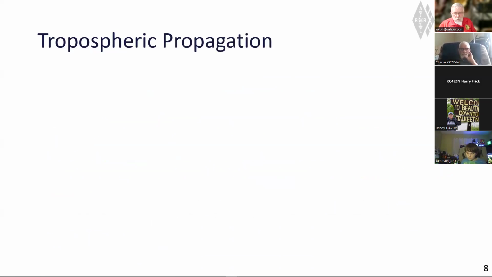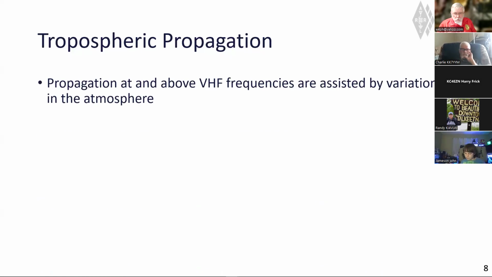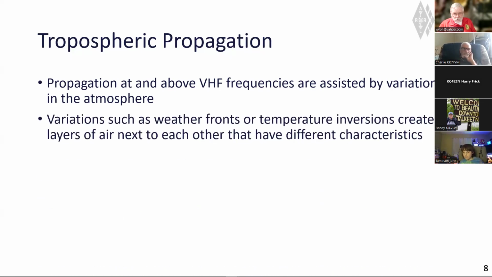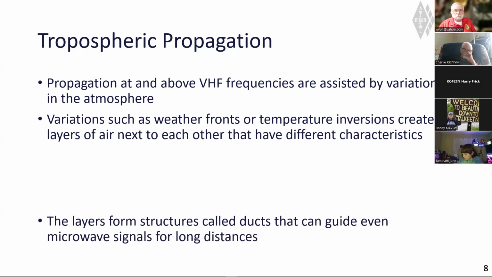Tropospheric propagation. Propagation above VHF frequencies is assisted by variations in the atmosphere. Variations such as weather fronts or temperature inversions create layers of air next to each other that have different characteristics.